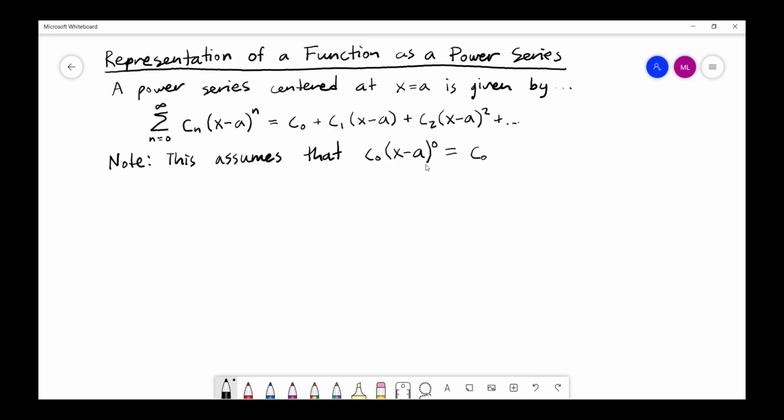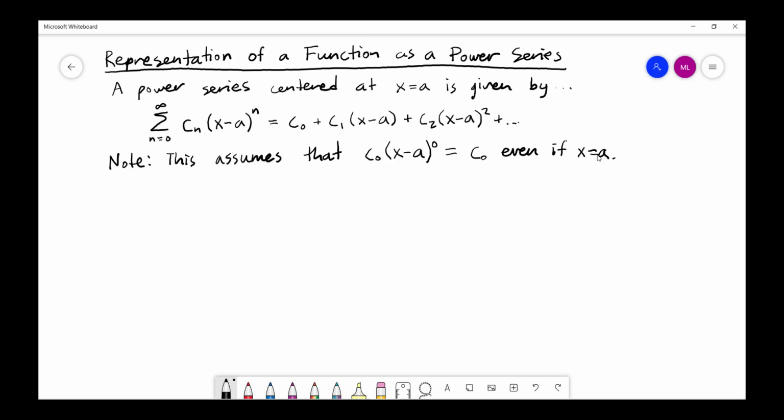So basically that this term, x minus a to the 0, is going to be 1 even if x is equal to a, which would make the number inside of here be 0. So basically we're saying the 0 to the 0th power, we're going to define that to be 1.